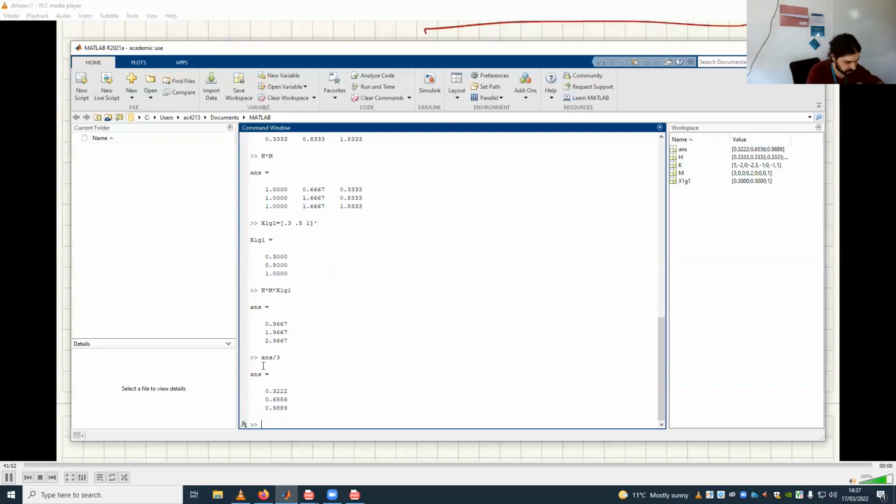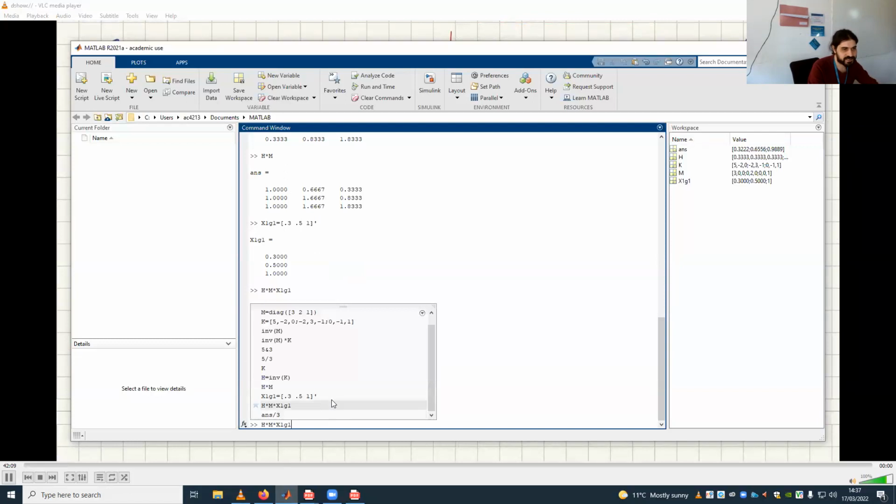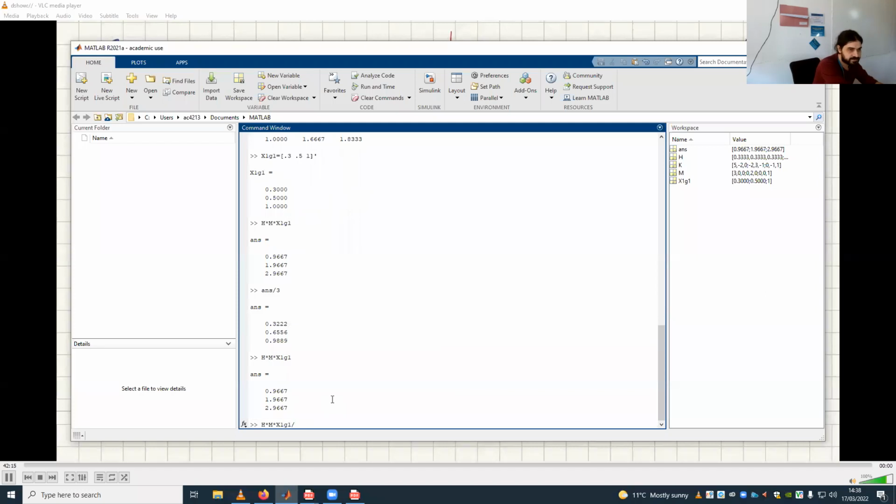I get 0.32, 0.66, and 0.99. Sorry, this is my fault. This should be exactly 1, so I should divide by the last entry, 2.97. There you go. So this is 0.32. I'll round it up to 0.33. 0.66 is correct. And this is, of course, 1.